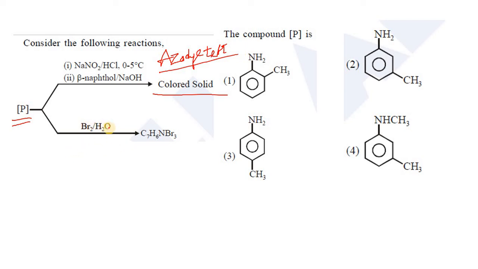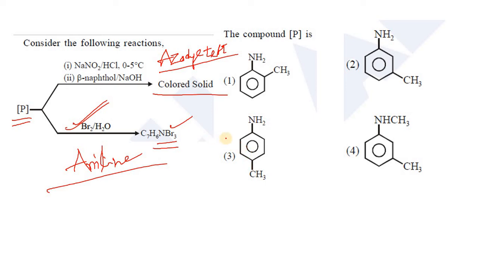And also there is a formation of a tribromo product, Br2, H2O. We know that aniline or aniline derivatives are positive towards bromine water test. So the given compound should be primary aromatic amine, and for tribromo product, this tribromination takes place at ortho and para positions.